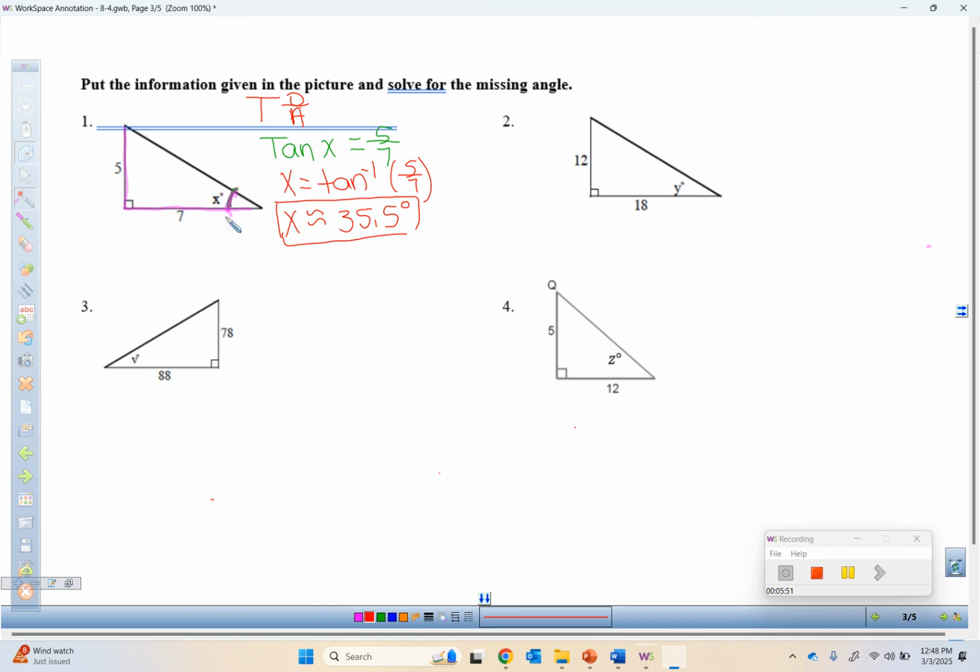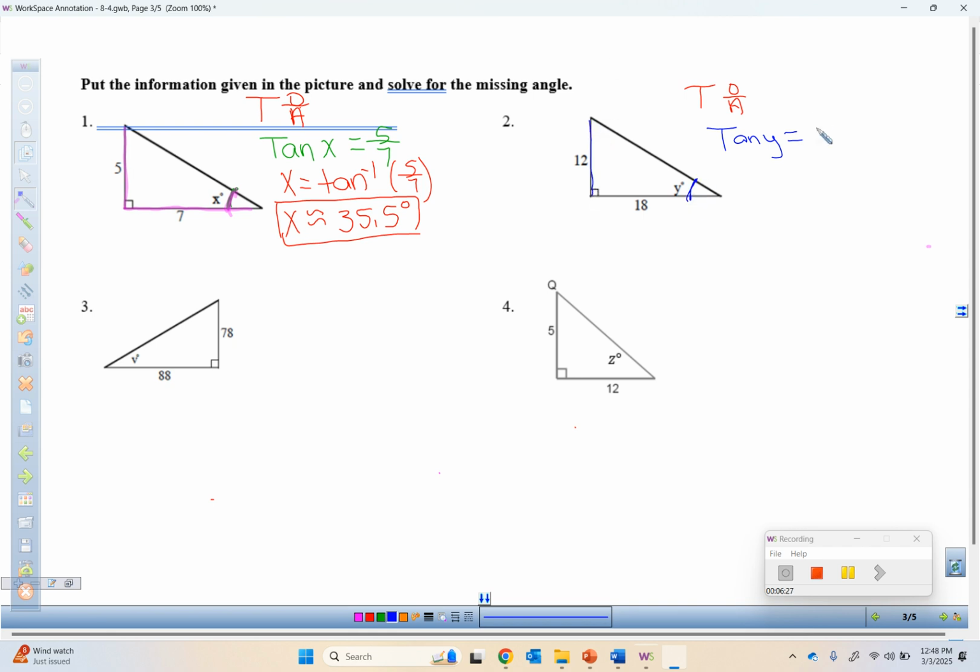Okay, let's look at number 2. Always, I'm going to say, is there a hypotenuse? No, there's not. We are dealing with what? Tangent. If there's no hypotenuse, it's always tangent. Tangent is opposite over adjacent. So let's set it up first. That's going to be tangent y equals, my opposite of y is what is not touching it.